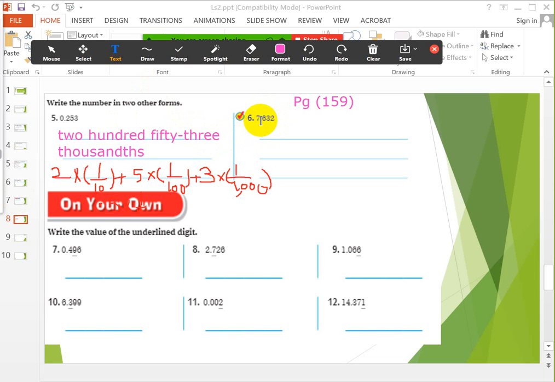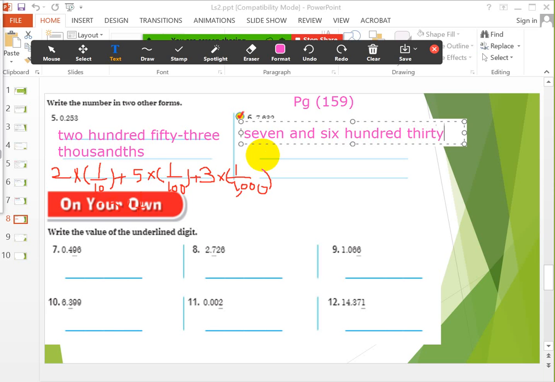So how will I read this point? You remember yesterday I told you it will be "and" in the word form. So I will say 7 and what? 632 thousandths.